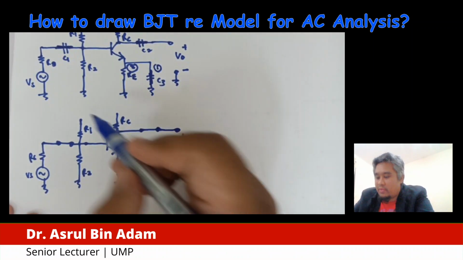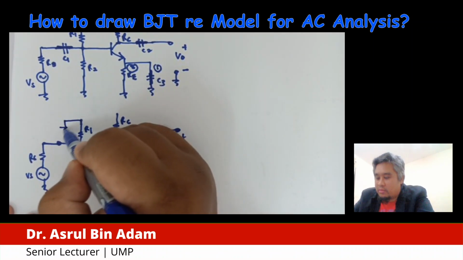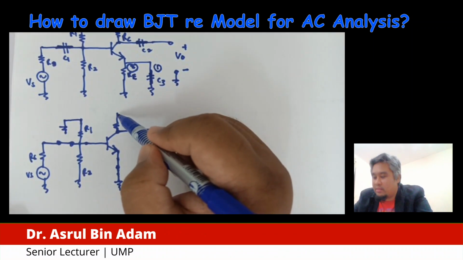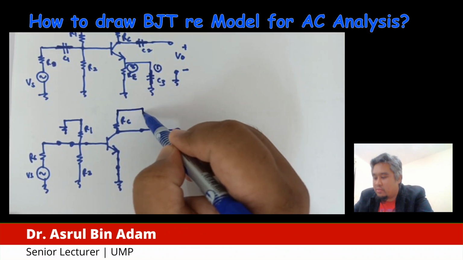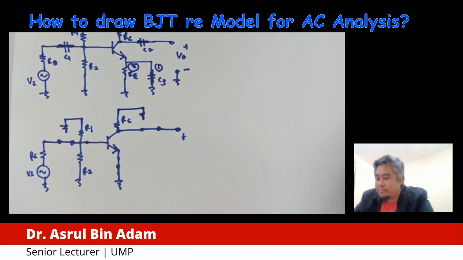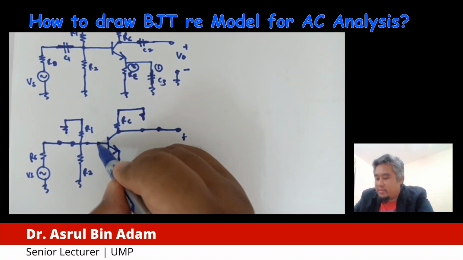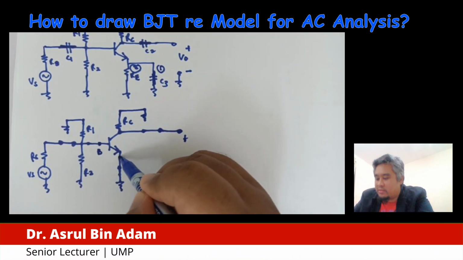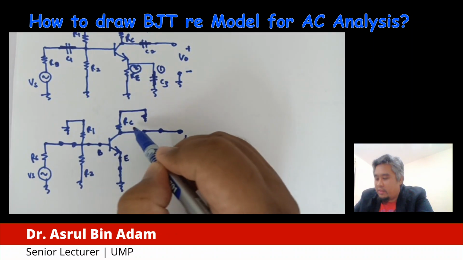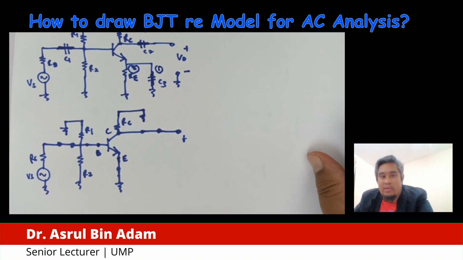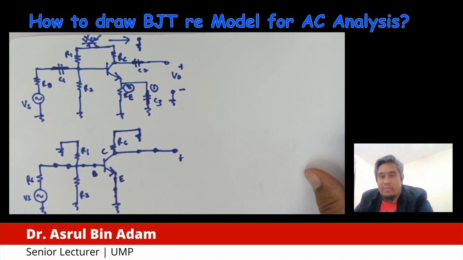So R1 can be connected to the ground and RC also connected to ground, like this. Don't forget the terminals here: this is base, emitter, and here is collector.